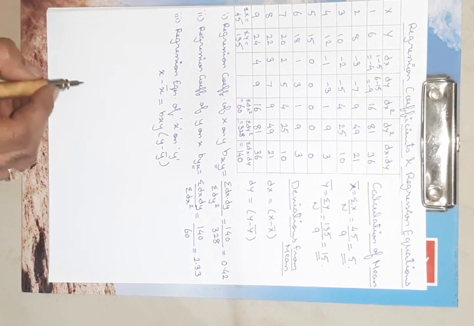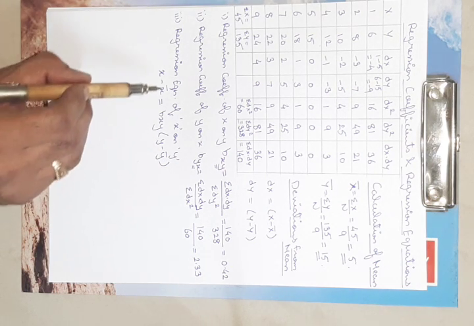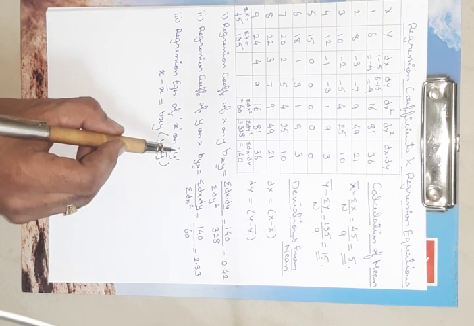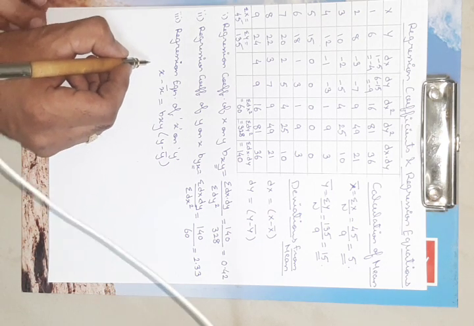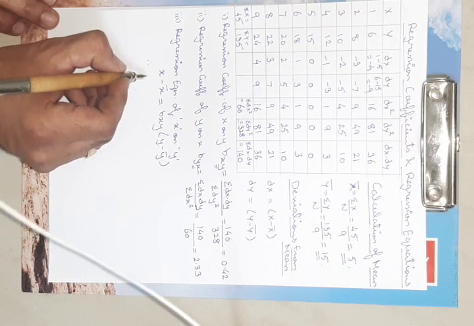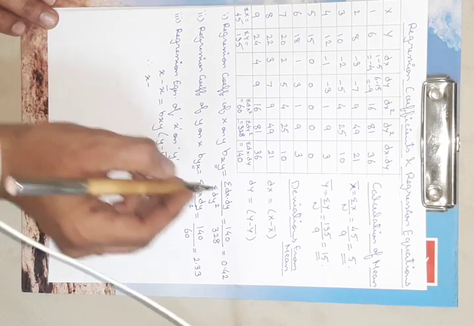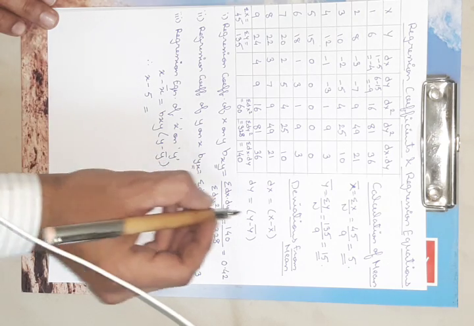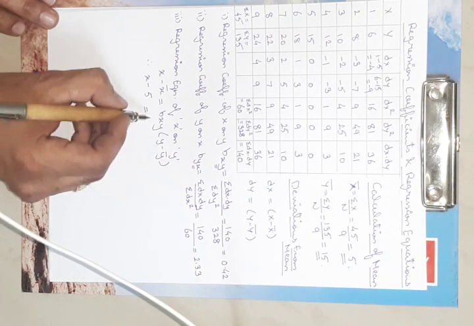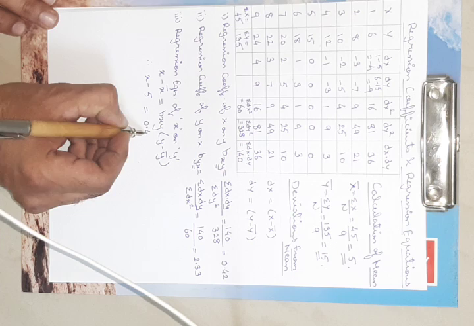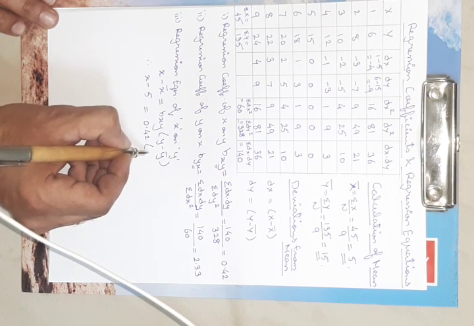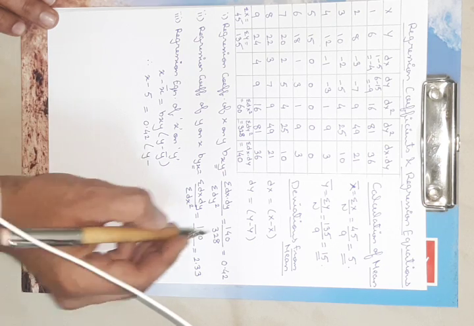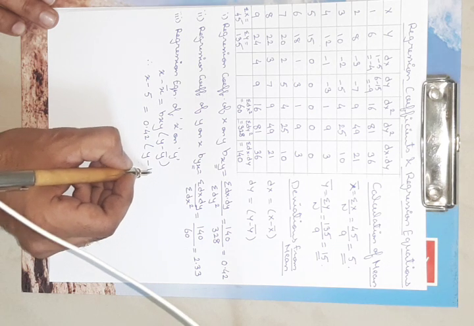This is the regression line equation of x on y. So we shall be putting the values. We don't know x, so this is x minus x bar, which is 5, equal to bxy, 0.42, into y, which we don't know, minus y bar, 15.